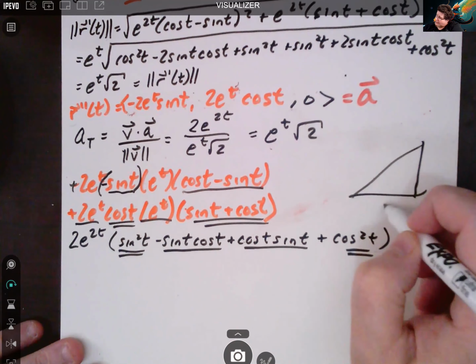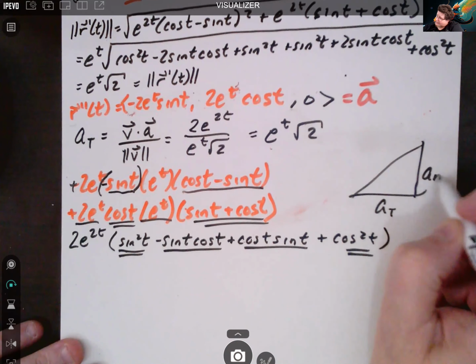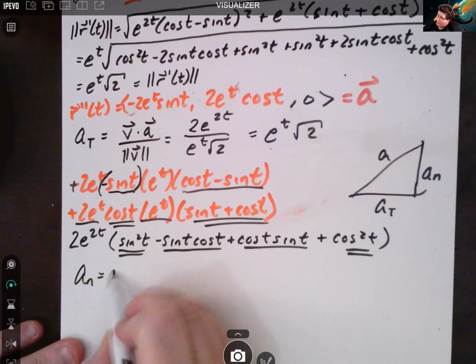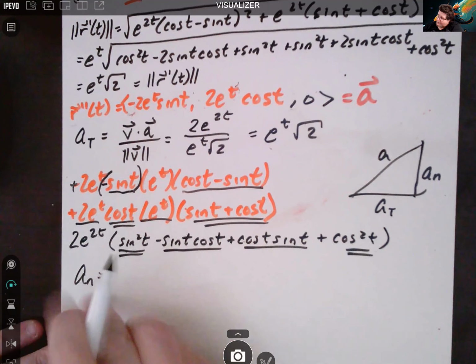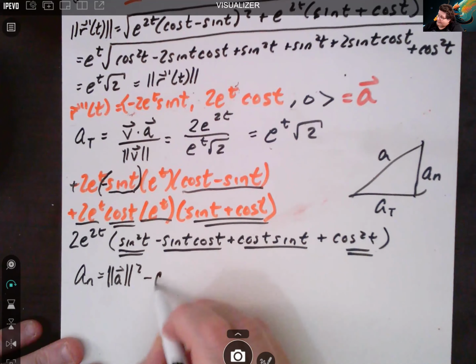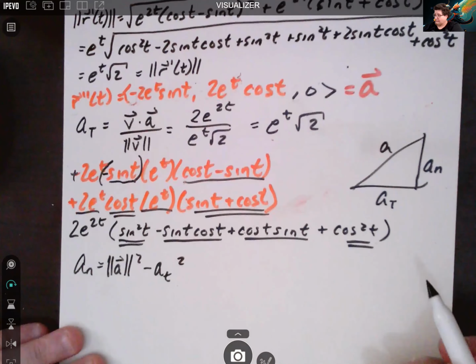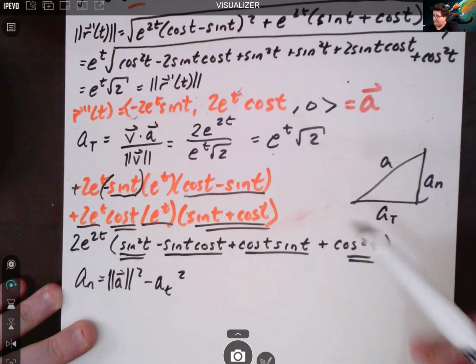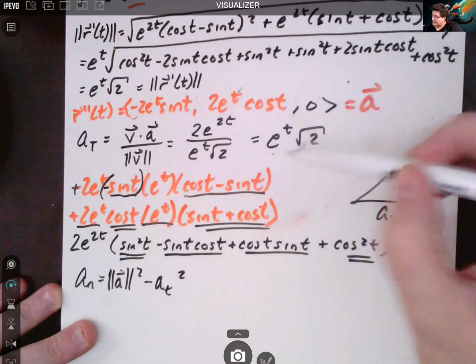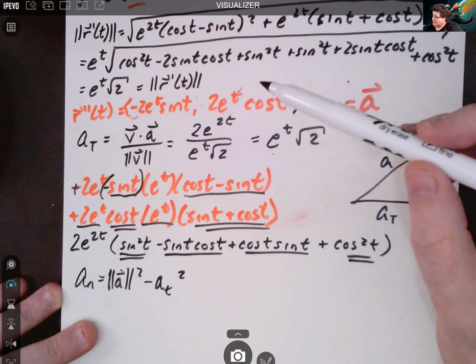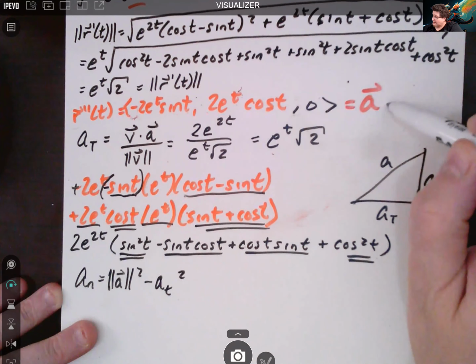Like this is AT, this is AN, and this is A. So AN squared equals magnitude of A squared minus AT squared. So the magnitude of A, where is A? That's A.